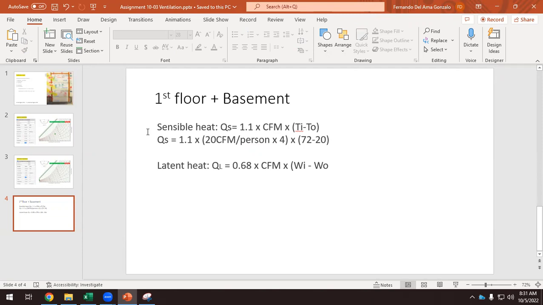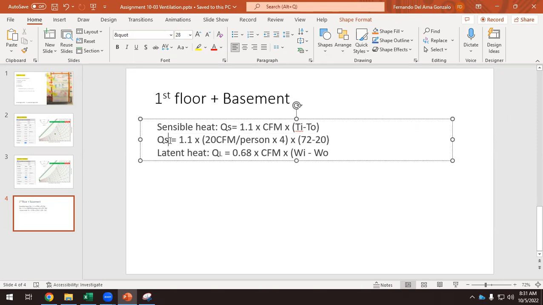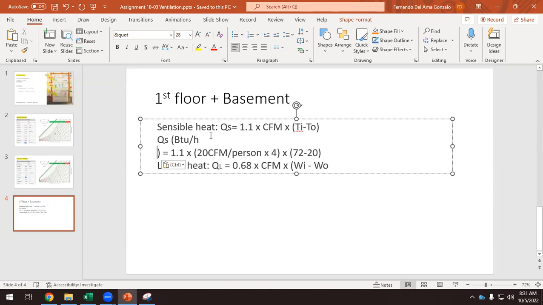So we only have to include this formula, and what are the units, by the way, here. Here we will get BTU hours. The units of the sensible heat or the latent heat is always BTU per hour.